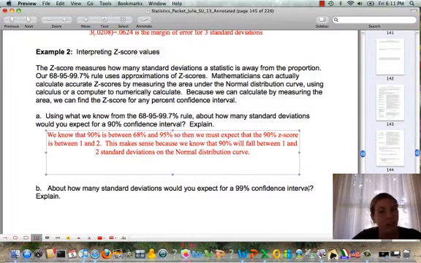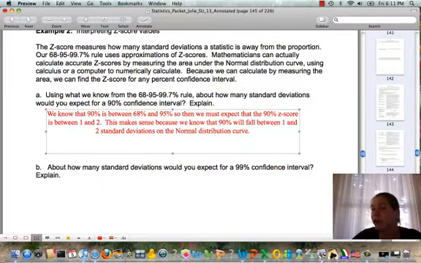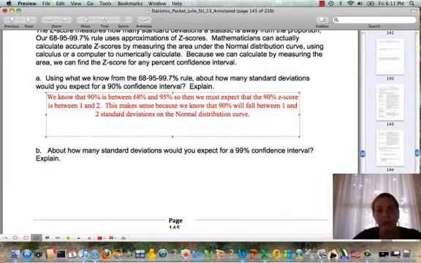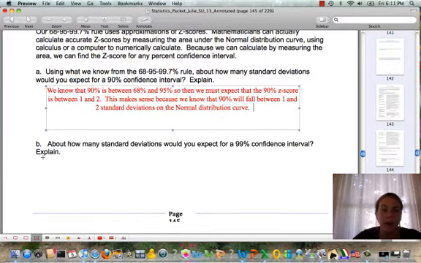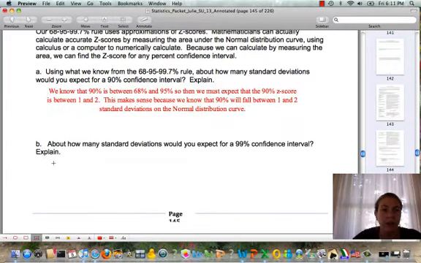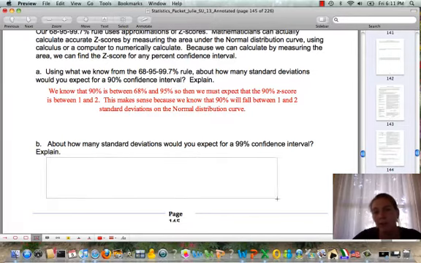Okay, so it makes sense to everybody? 90% is going to fall between 68 and 95%. Then question B asks, well, how many standard deviations would you expect for a 99% confidence interval? Well, okay, we know 99% is between 95% and 99.7%.